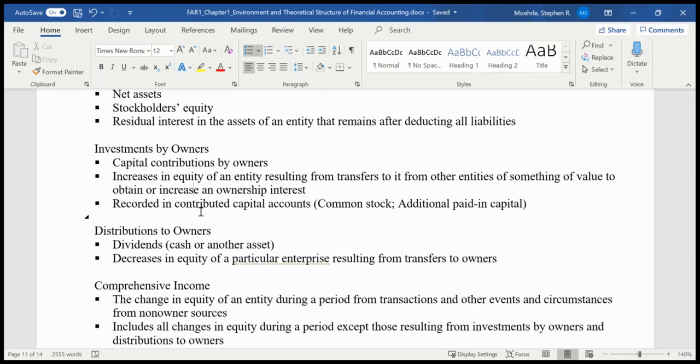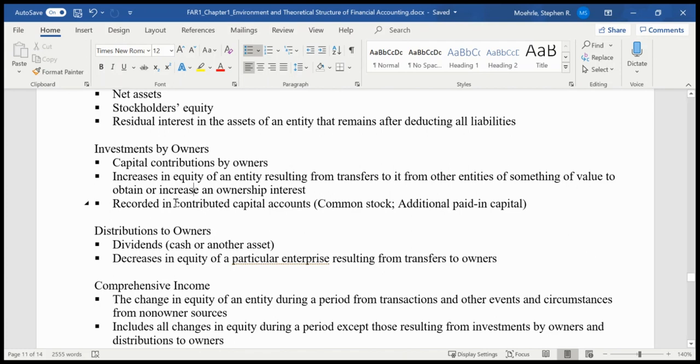Investments by owners are recorded in contributed capital accounts, known as common stock and additional paid-in capital and other such names. So these are amounts that were provided by our owners, and then in return, the business has the cash, the capital, and the owner has an ownership interest, an ownership stake in the business.